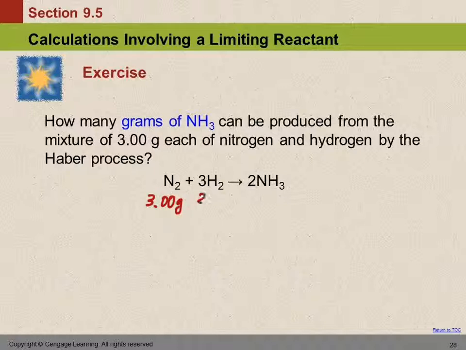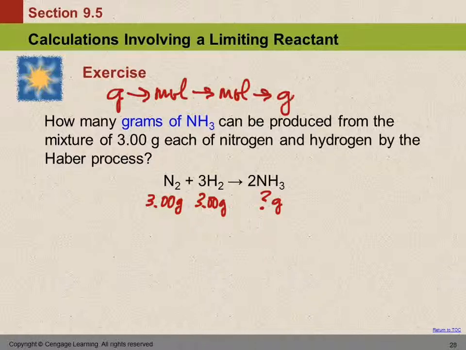And under hydrogen, I'm going to write 3.00 grams. And under ammonia, I'm going to write question mark grams. That's your little shorthand that will help you when you start to get lost. And then we remember what's our path. Grams to moles to moles to grams.